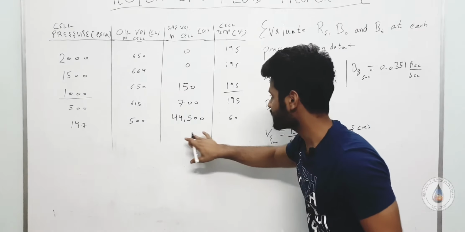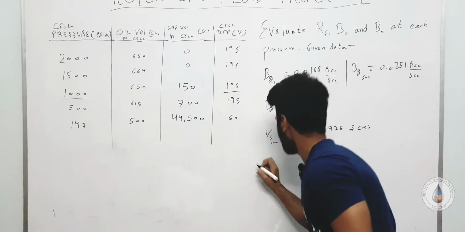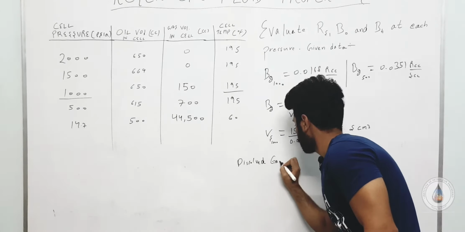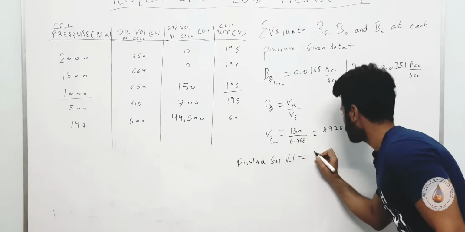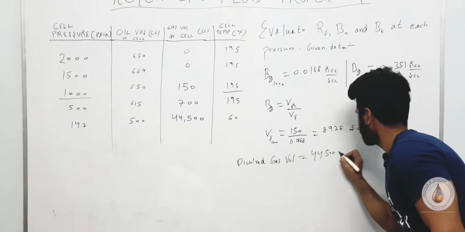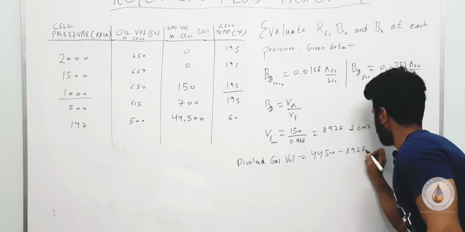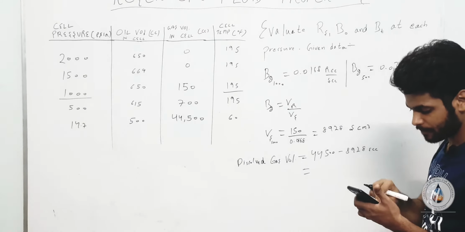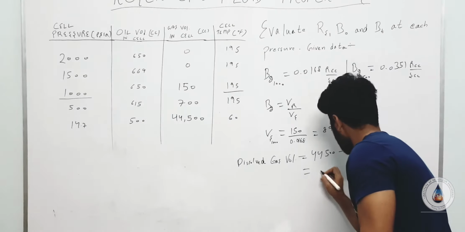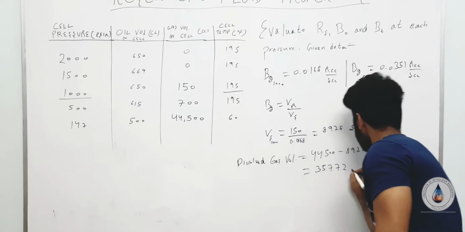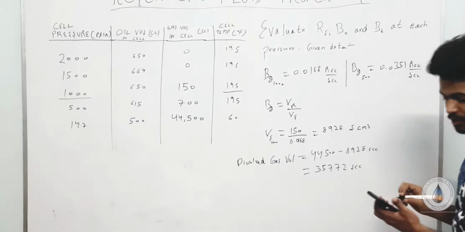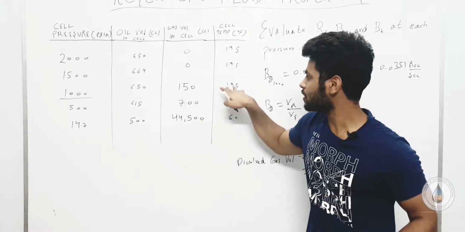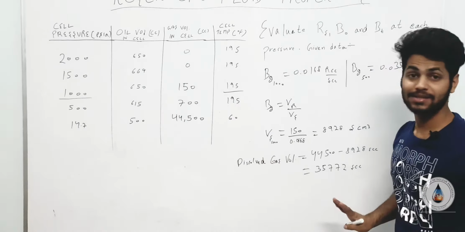So the amount of gas that was dissolved at this particular pressure, that is dissolved gas volume, will be equal to 44,500 minus 8928 cc. So this will come out to be 35,772 in surface centimeter cube. So this is the amount of gas that is dissolved at this particular value of pressure and temperature, but at surface conditions.